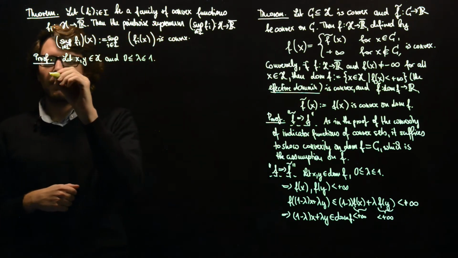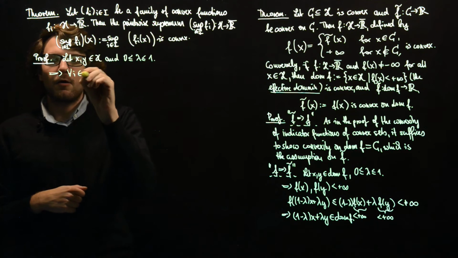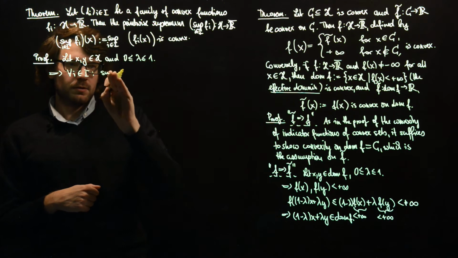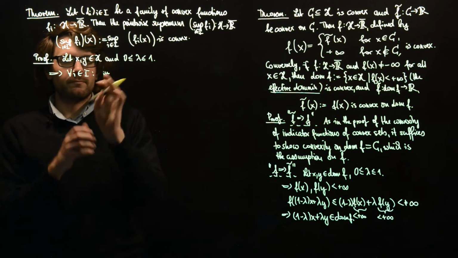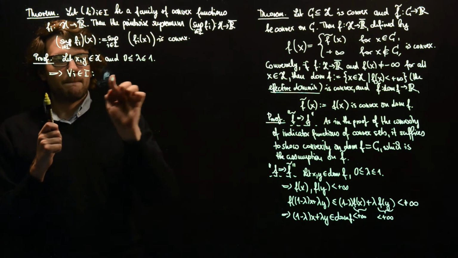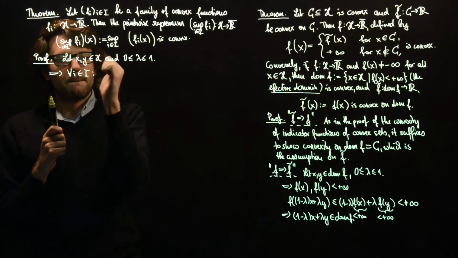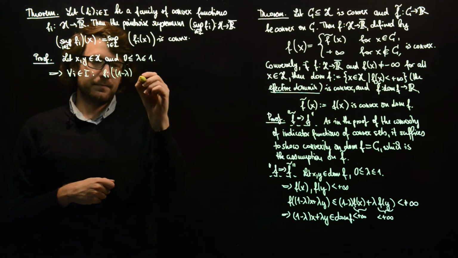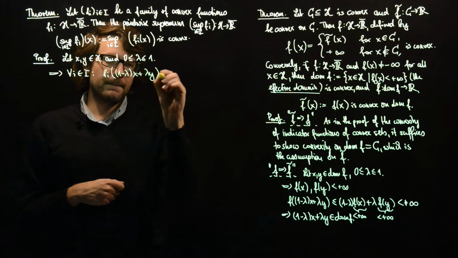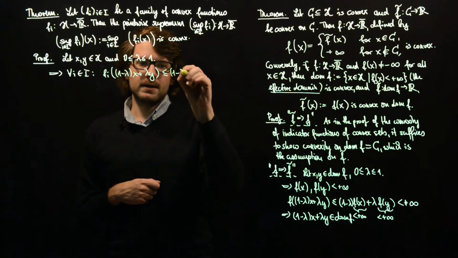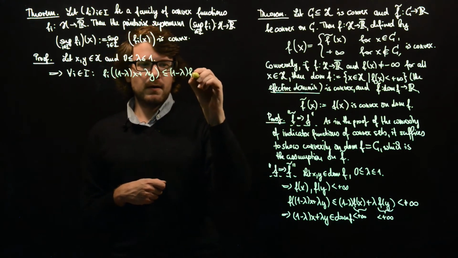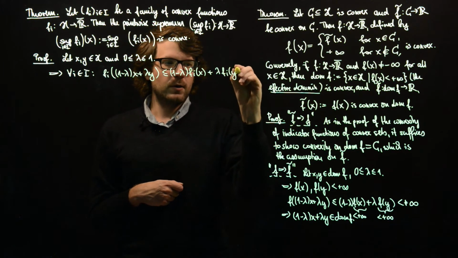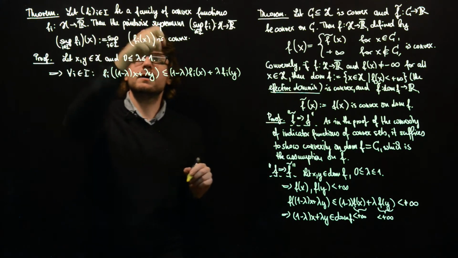By convexity of any member of this family, without supremum, we have f_i of (1 minus lambda) x plus lambda y less or equal than (1 minus lambda) f_i of x plus lambda f_i of y, by convexity of f_i.